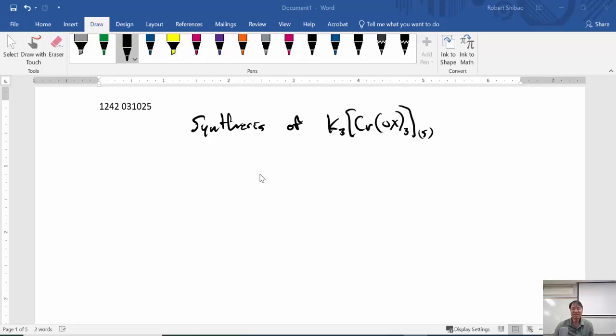What we're going to synthesize is this complex here. Can you name that?